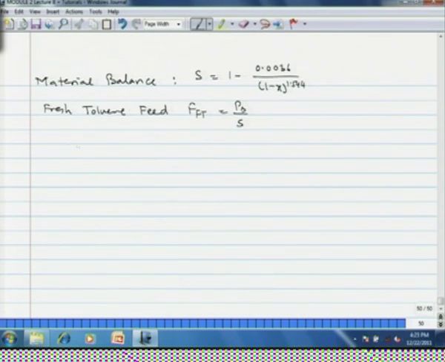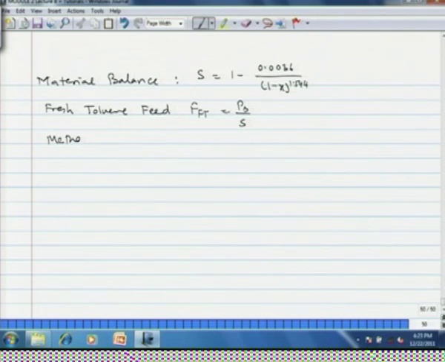Then methane generated in reaction, that we note as PrCH4, is also the same as PB by S due to stoichiometry.